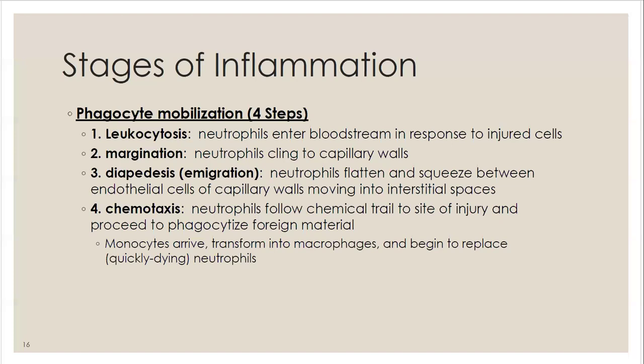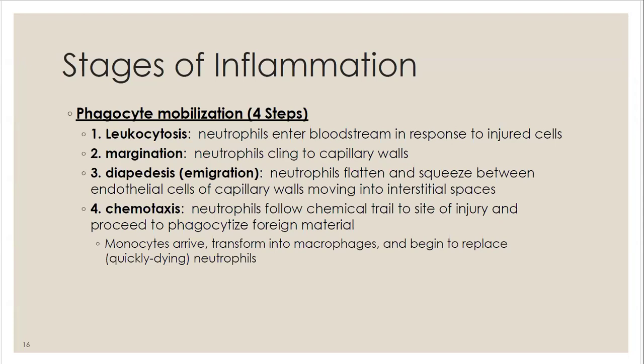All right, so phagocyte mobilization is the final stage of inflammation, and that involves the recruitment of immune cells to the site of injury. This occurs in 4 steps. So first you have your leukocytosis. This is when the neutrophils are released from bone marrow and enter the bloodstream in large numbers.